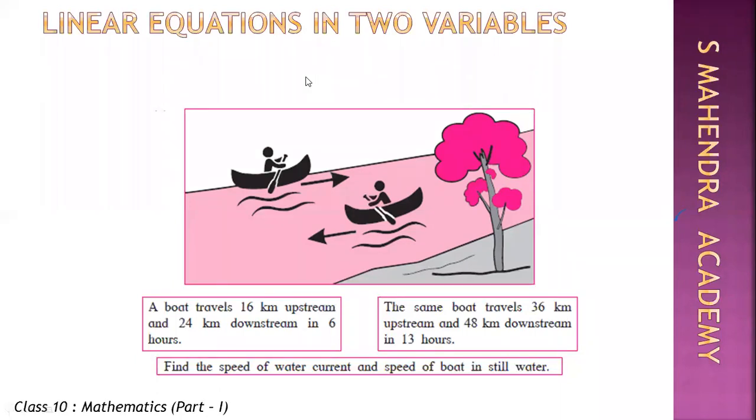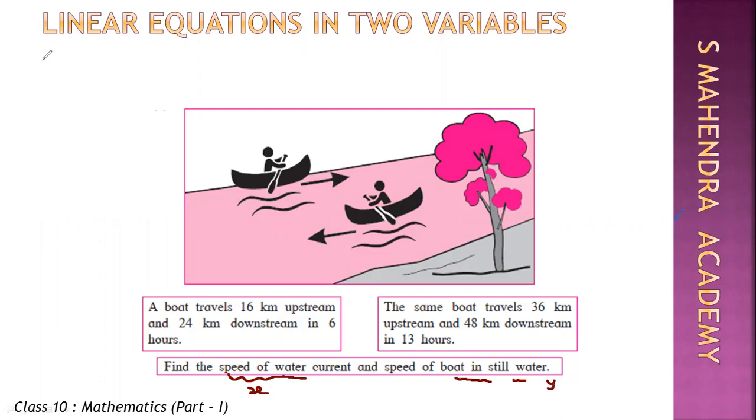So we have two variables here, meaning two things we have to calculate: the speed of water current, which we will assume as x, and the speed of boat in still water, which we will assume as y.